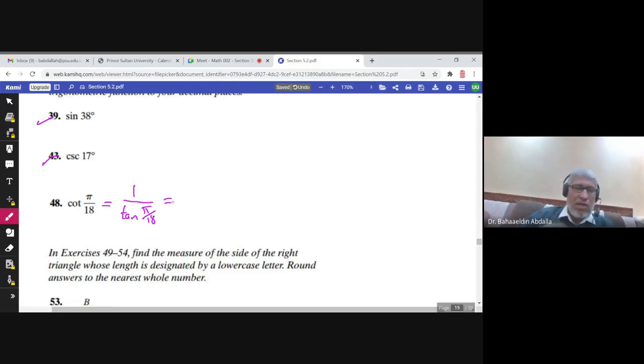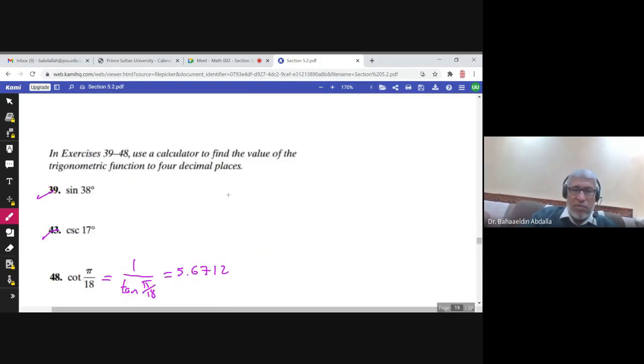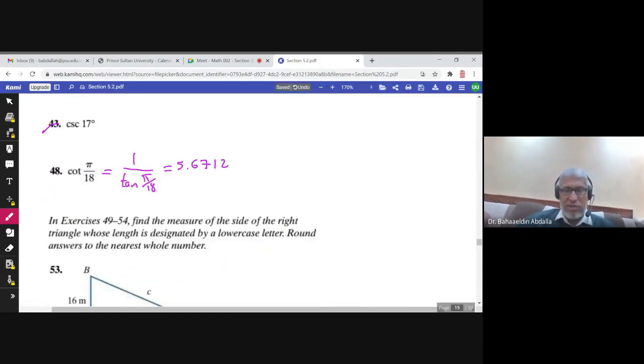I go to the calculator, write 1 over, I write tan, and then I go to pi, shift, I write pi, and then division 18, close parenthesis. The answer is 5.6712. Is it 4 decimal places? Yeah, 4 decimal places. Now after 2, I have 8. So I change 2 to 3.